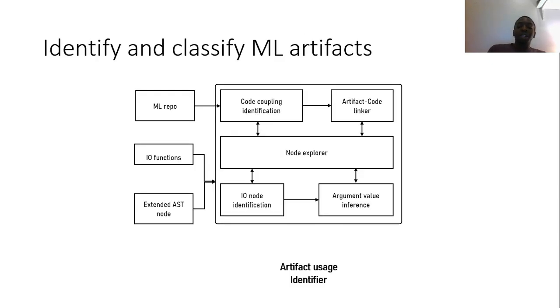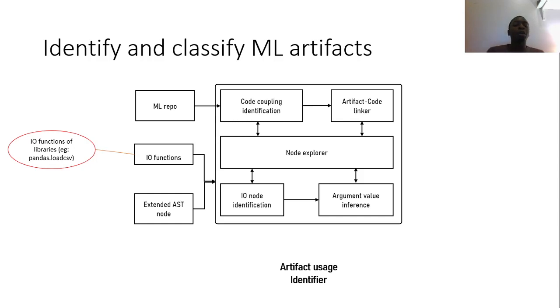So the artifact usage identifier, how does it work? It uses IO functions that already exist. For example, when developers want to import or use any external artifact, they have to load it in the project. If it's a file, they can use the function load CSV of Pandas, for example.